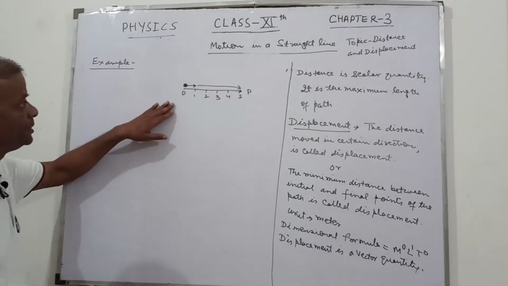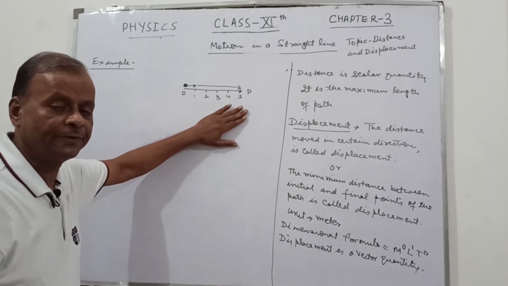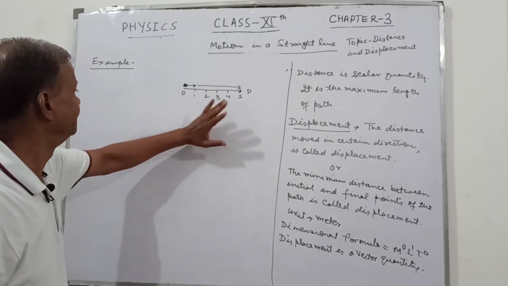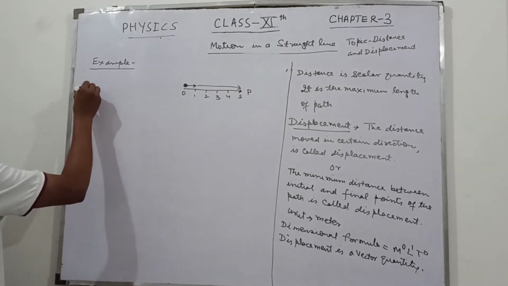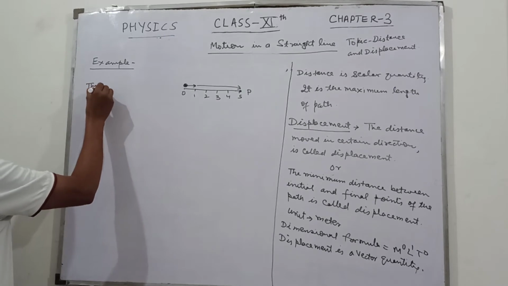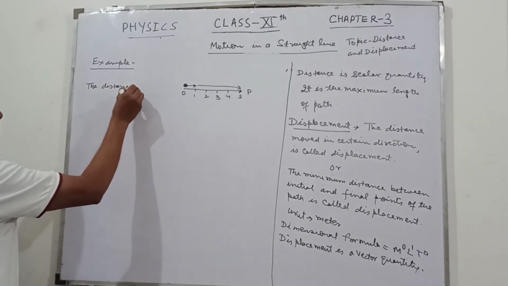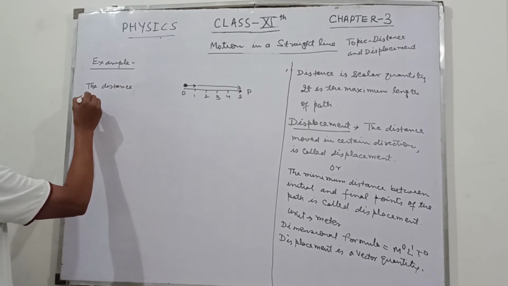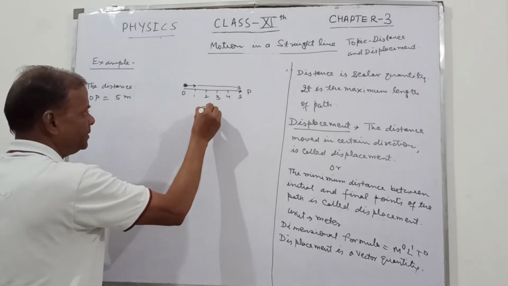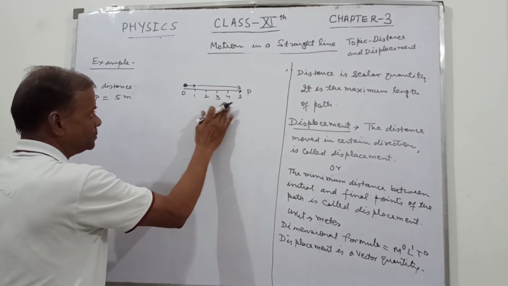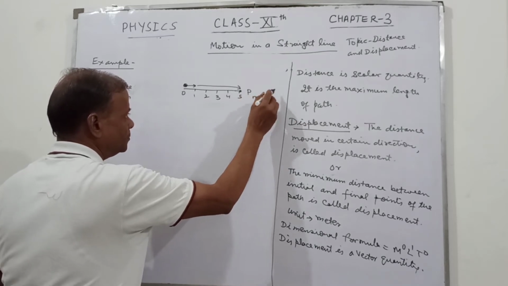Now when the body is moving in the same direction, then the distance and displacement are the same. The distance OP is equal to, suppose, 5 meters.